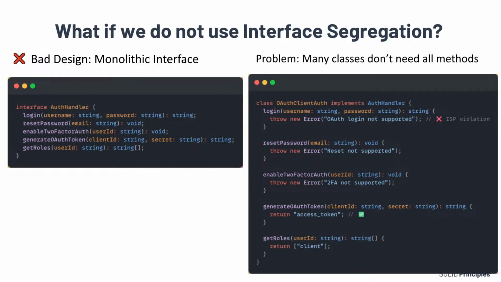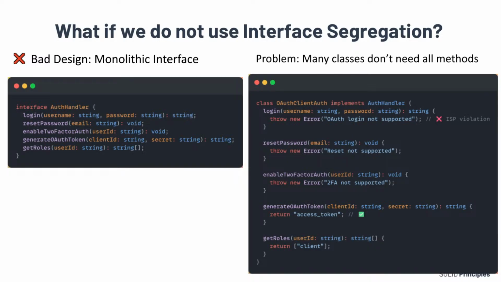So here we can see that in the first code, we have implemented all the methods in one interface only. For example, login, reset password, two-factor authentication, and generate OAuth token. All of them are in one interface. Now, if we try to implement this interface in the OAuth class, we only require login, OAuth token, and get roles methods.